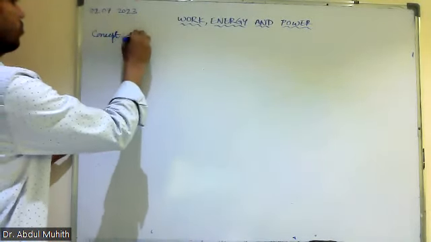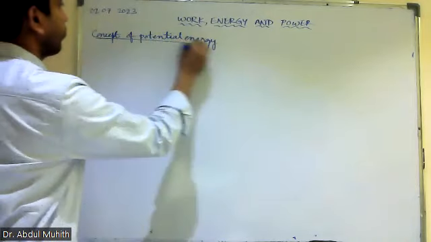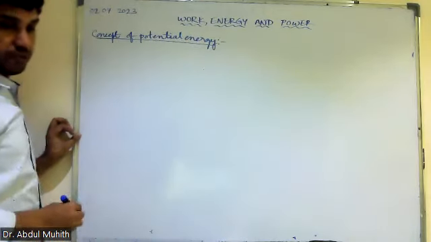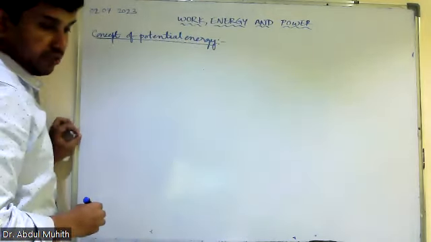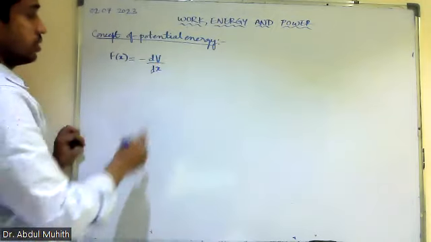Concept of potential energy. We write here F of x is equal to minus dV by dx.